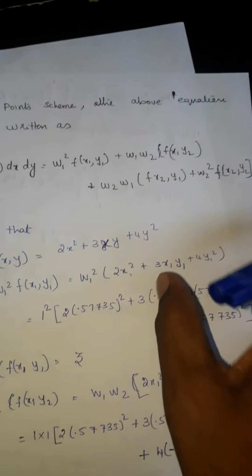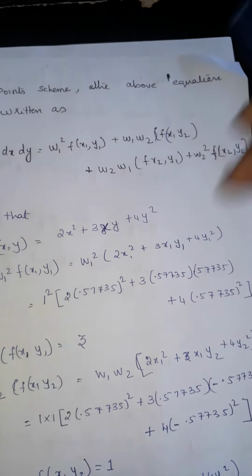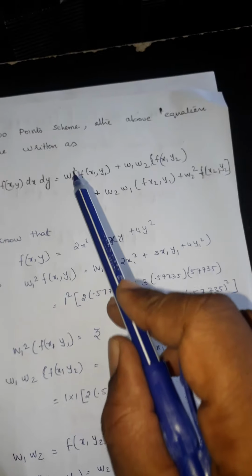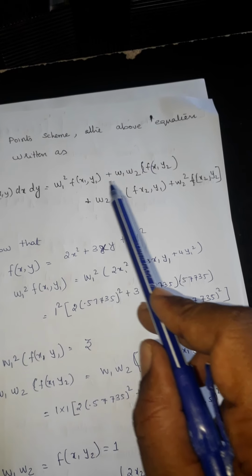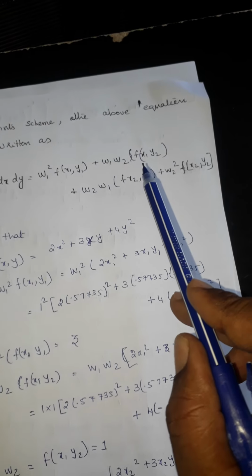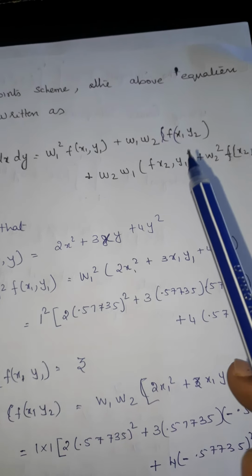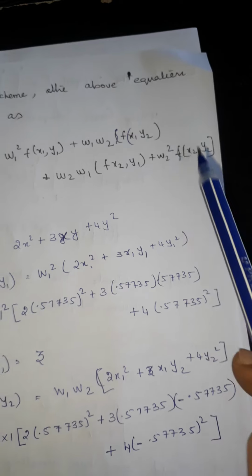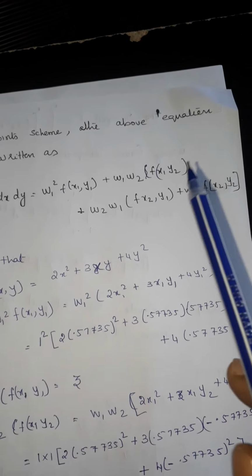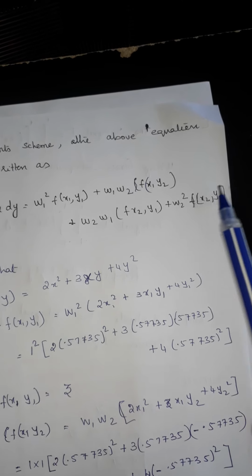Now we apply the formula: W1 squared f of x1 y1, plus W1 W2 f of x1 y2, plus W2 W1 f of x2 y1, plus W2 squared f of x2 y2. So this is x1 y1, x1 y2, x2 y1, x2 y2. You must be very careful here.